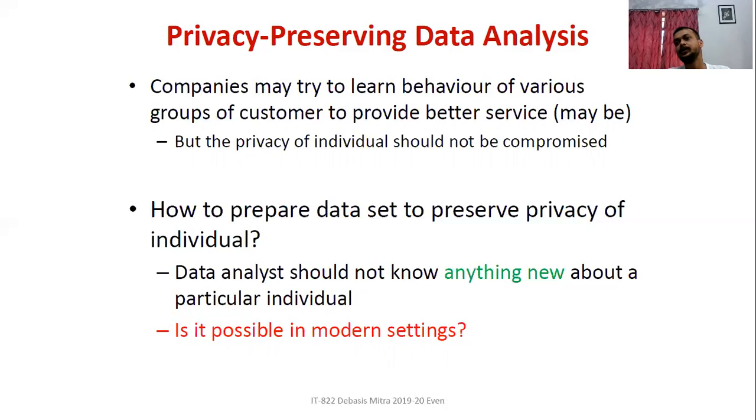So either you prepare your data in such a manner, or you design your analysis or learning phase in such a manner that by mining the collected data, nothing new on a particular individual should be known. Like the data analysis may yield some new finding in a collective manner, but for individual users, it should not know anything new. So if you ensure that, then it will be preserving the privacy.